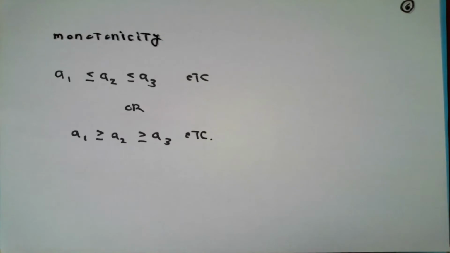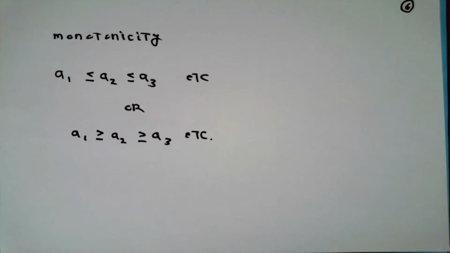We say that a sequence of numbers is monotonic, also sometimes said to be monotone, if either one of the two following things is true. One case is A1 less than or equal to A2 less than or equal to A3, and so on, meaning that as you increase the index, at the least, the individual A numbers don't get smaller, and they may get larger.